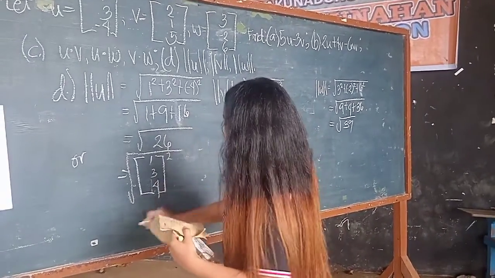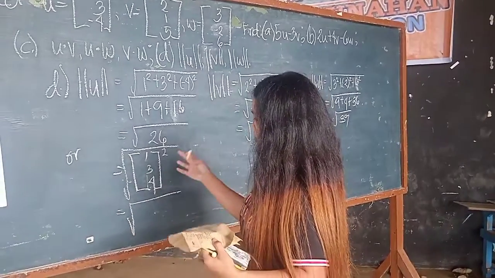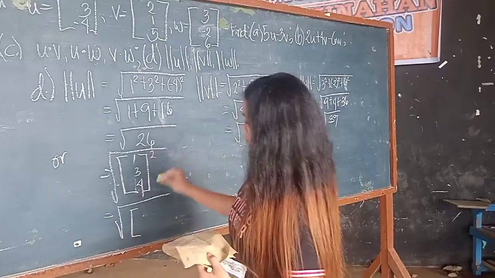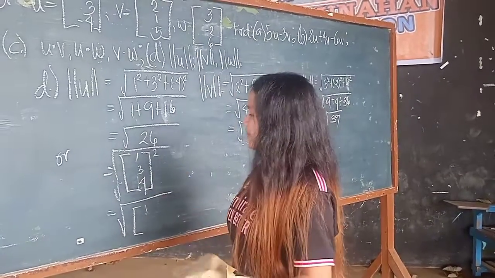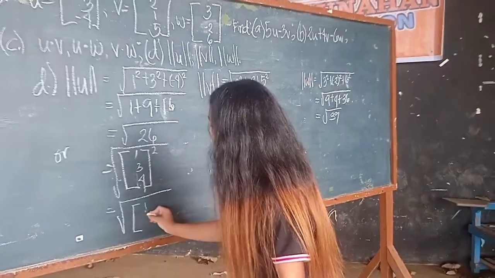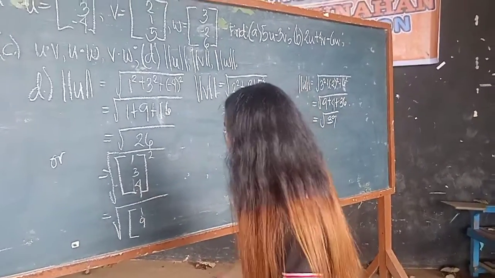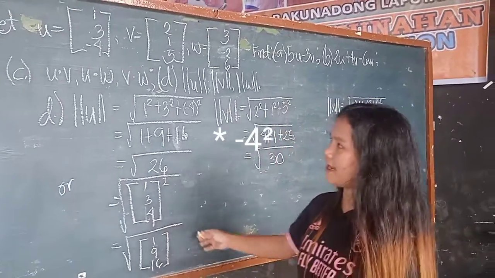The answer is 1 raised to the power of 2 equals 1, 3 raised to the power of 2 becomes 9, and 4 raised to the power of 2 equals 16. And that's it for the matrix formula.